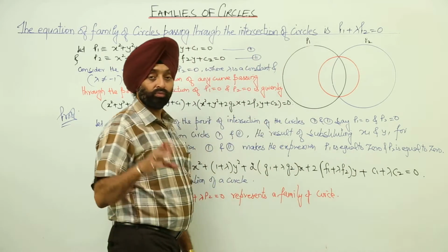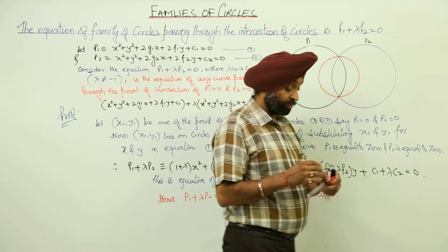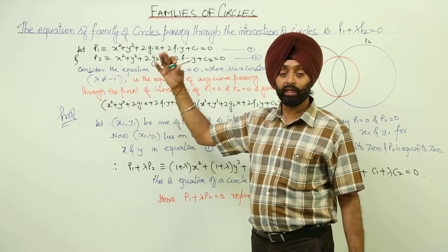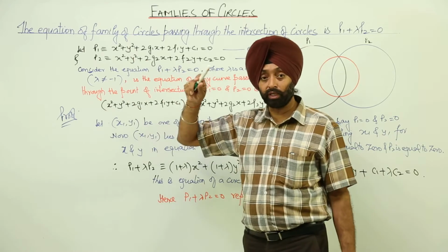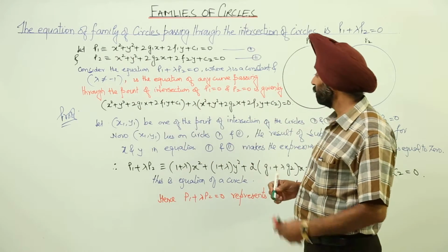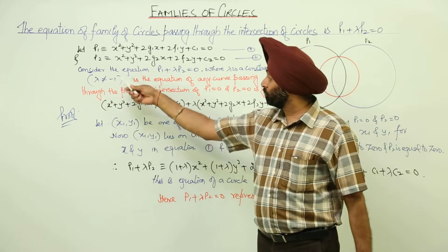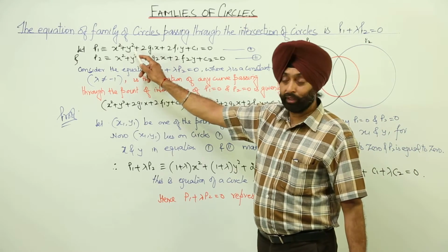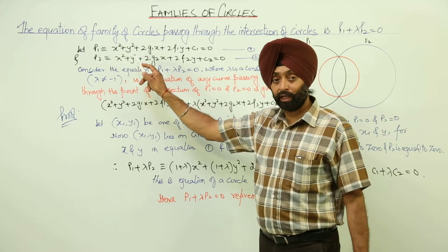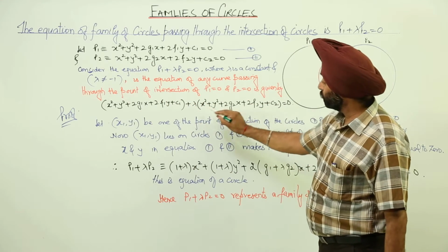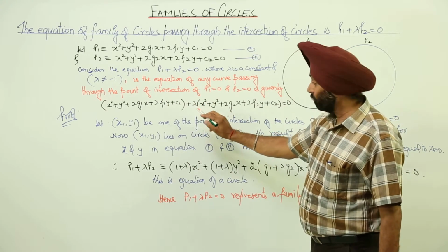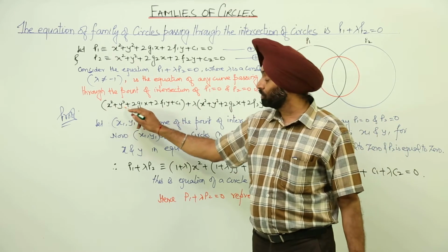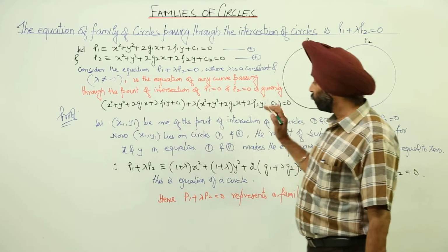Now one thing which I left out was what will happen if lambda is equal to negative of 1. We are not supposed to take lambda as negative of 1. If lambda is negative of 1, then x square and y square will be cancelled with negative of x square and negative of y square. When we put negative of 1 here, then this x square and y square will be cancelled with these. Then what will be left?